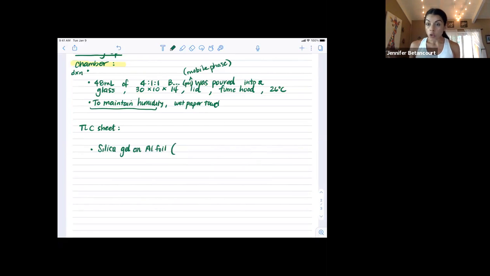You write the official product name. So whatever was on the sticker from the company, that's what you would call it. A silica gel, and we even can say 20 by 10 centimeter. Silica gel on aluminum foil, exactly as Nathaniel has it. That's how everyone should have it.